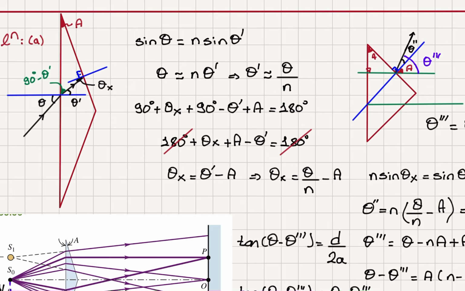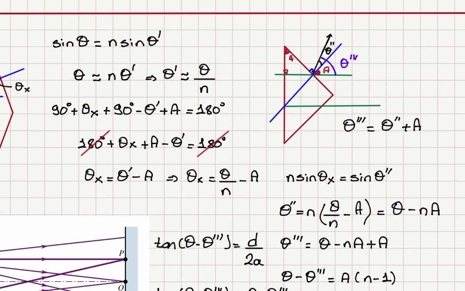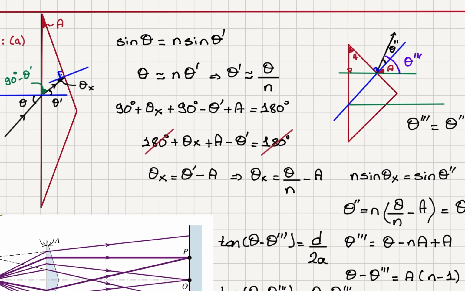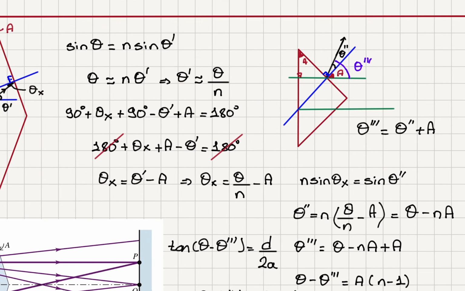And I found that theta x, the angle with which this ray hits the other interface normal, is theta over n minus a. Then I use Snell's law at this interface for an incoming angle theta x, outgoing angle theta double prime with respect to this normal.